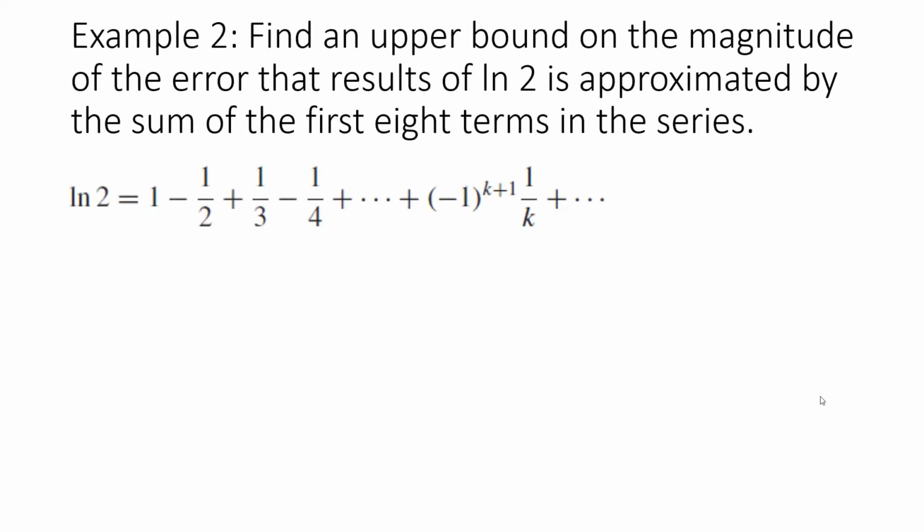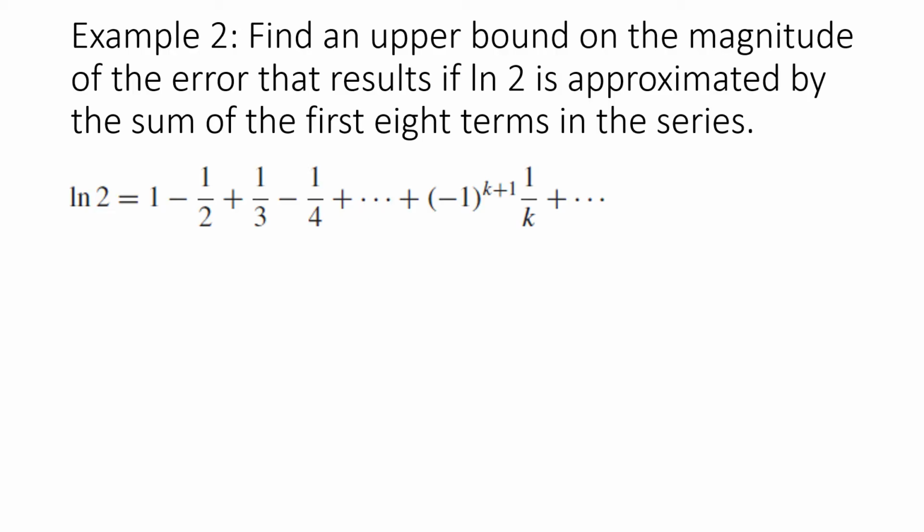so let's have the example. Example number 2: find an upper bound of the magnitude of the error that results if the natural logarithm of 2 is approximated by the sum of the first 8 terms in the series. So you have there, okay.